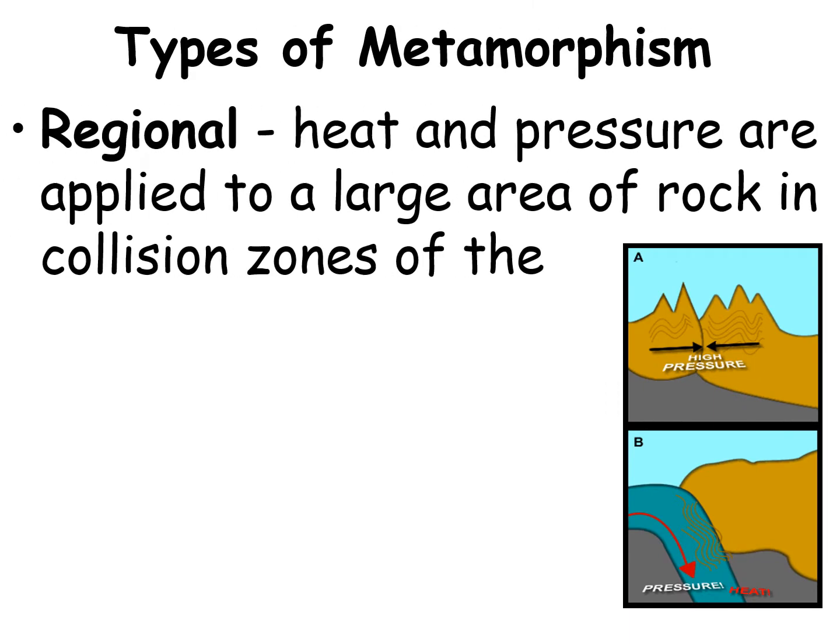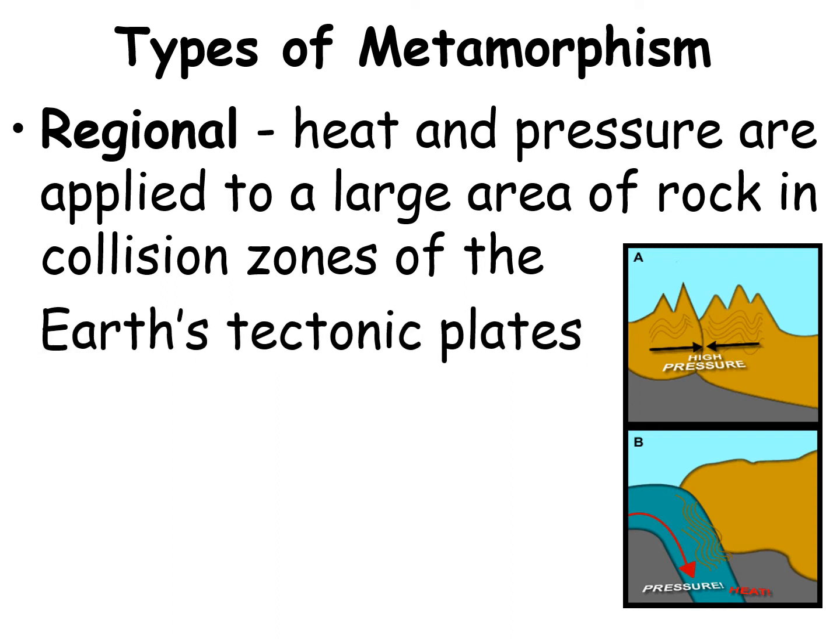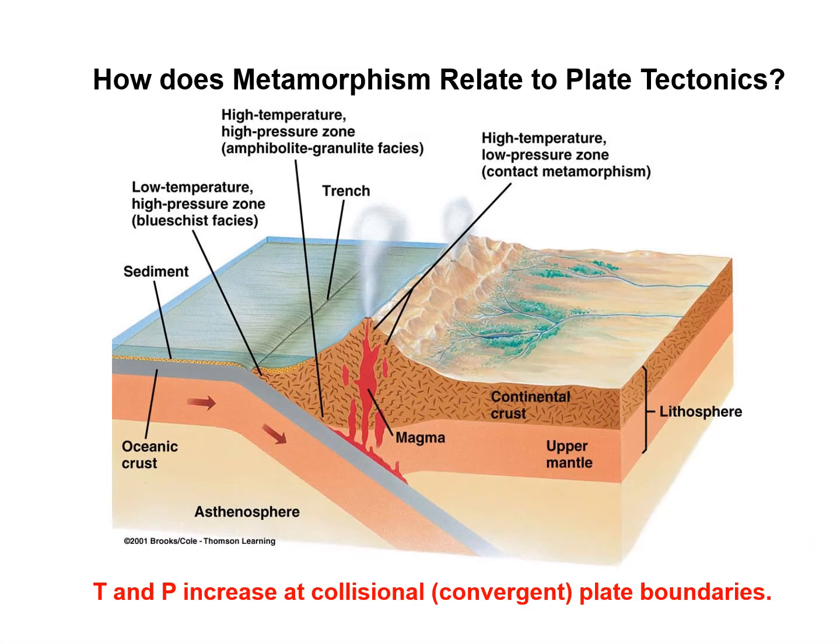There are two types of metamorphism. One is regional, where the heat and pressure is applied to large areas of rock in the collision zones of the Earth's tectonic plates. So here would be an example of that.